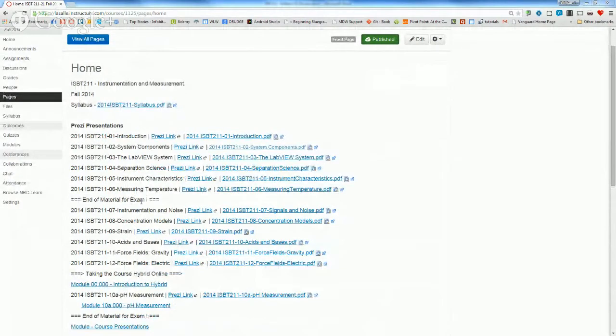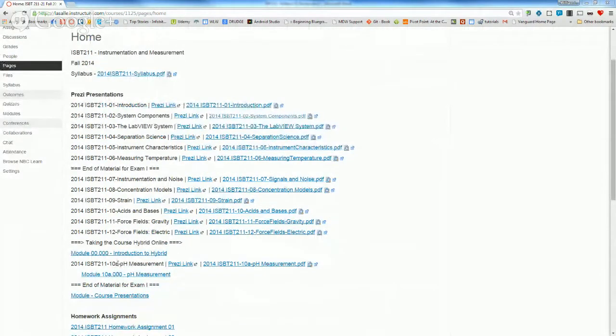Obviously, exam 2 starts with Prezi presentation number 7 through 12, actually. And remember, 12 includes 10A. I mentioned that we were going to circle back after talking about the basics of acids and bases as models. We're going to talk about how to measure acids and bases. We're going to do so in a presentation called 10A pH measurement, which is here.